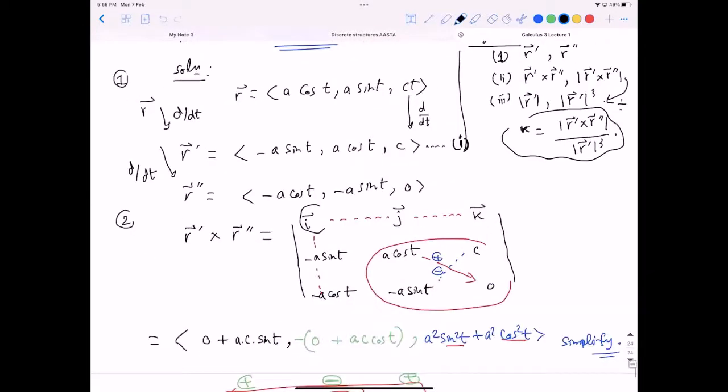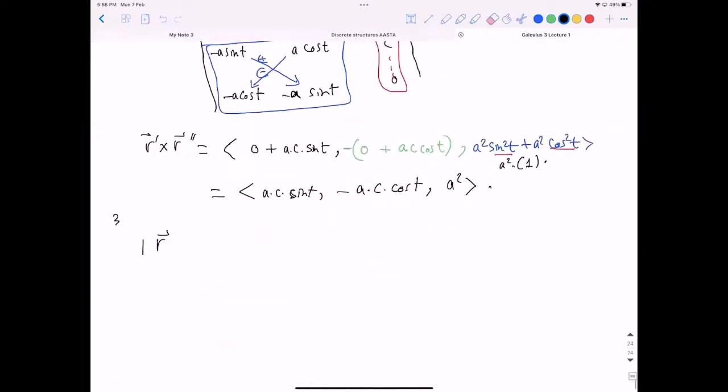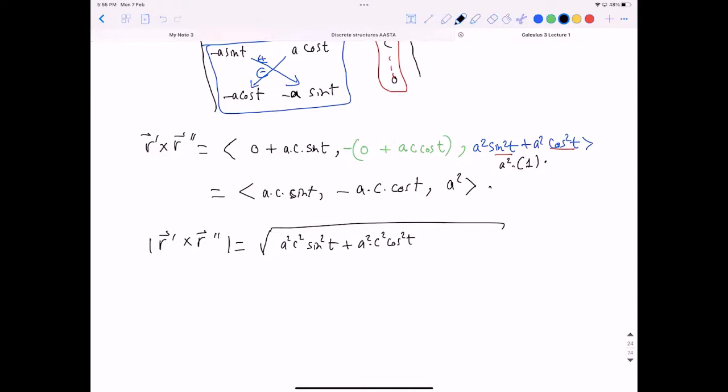Where is the magnitude? Yes, let's do the magnitude. The magnitude of R prime cross R double prime is the square root of A squared C squared sine squared t plus A squared C squared cosine squared t, taking it as a common factor. As you said, you can omit this step and do it directly.